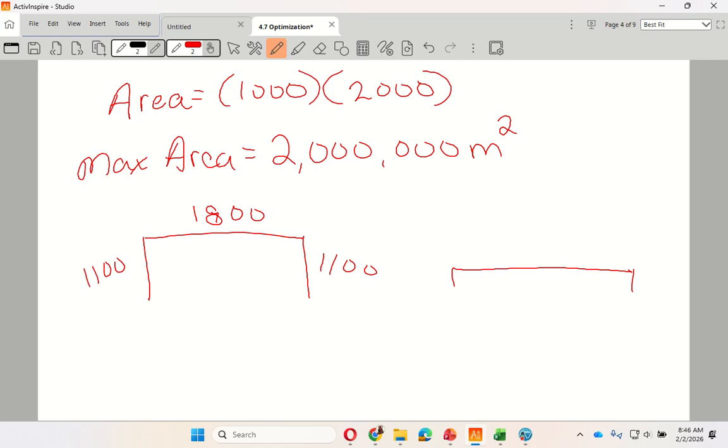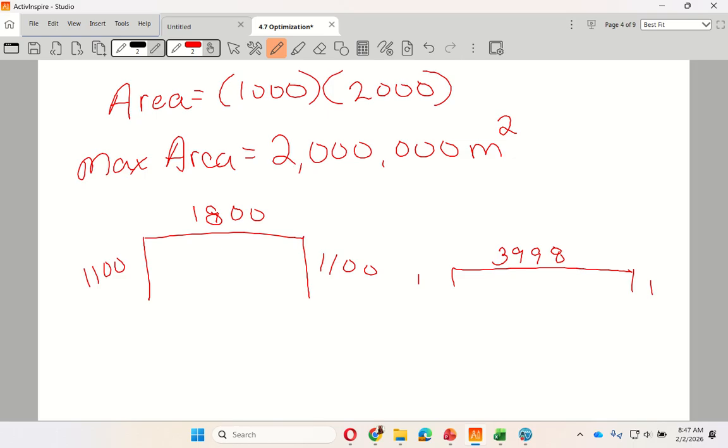Let's say it's just 1 meter here, 1 meter here. What would be the maximum area if I use more of the river?